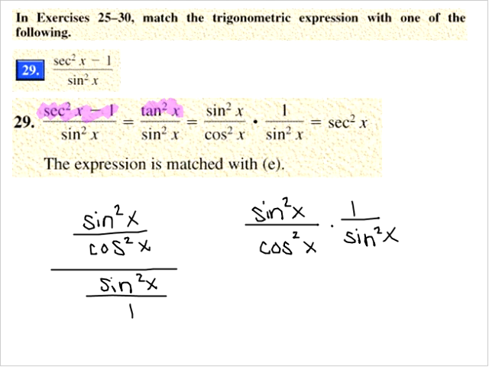The sine squared x cancels from the top and the bottom, and we're left with 1 over cosine squared x. That is another trig identity, equal to secant squared x. After those rewrites, it matches expression E, which is secant squared x.